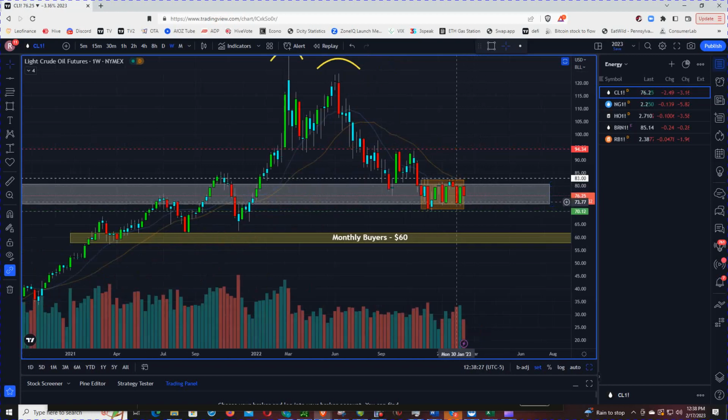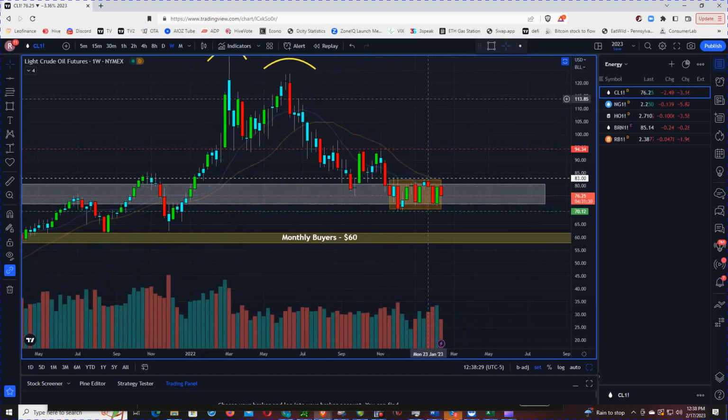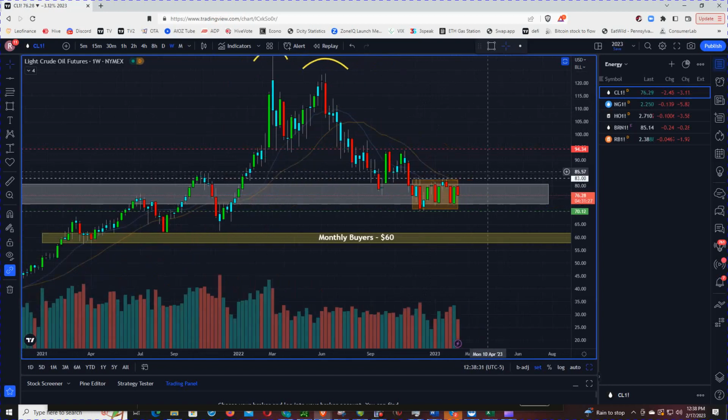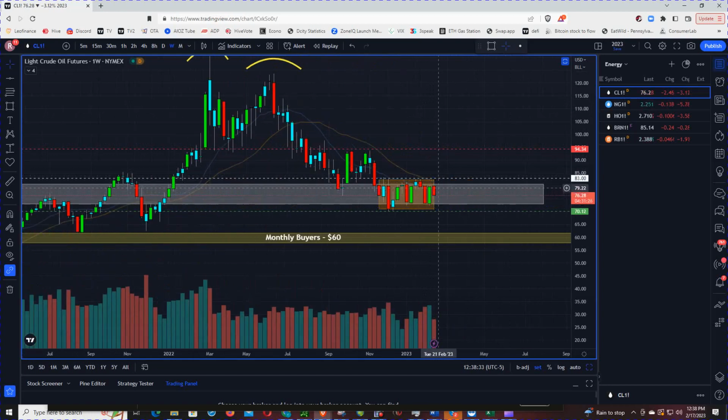We call this the daily price action. So in this case, we opened at 80.20 today, and price has been declining for the day, losing roughly $2-3.